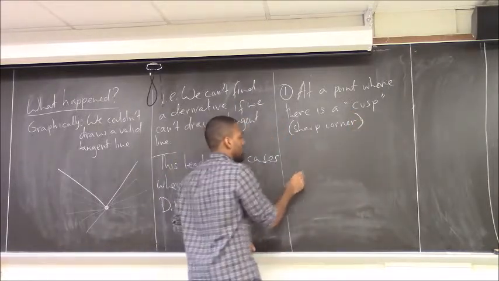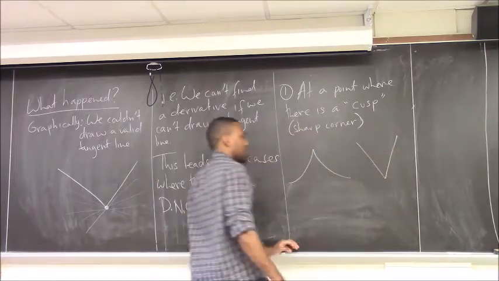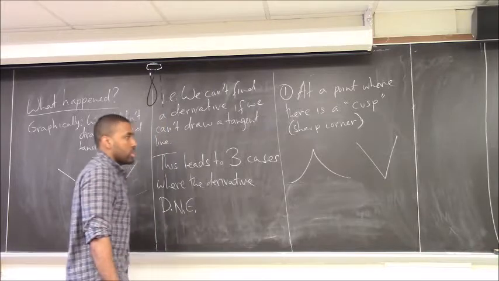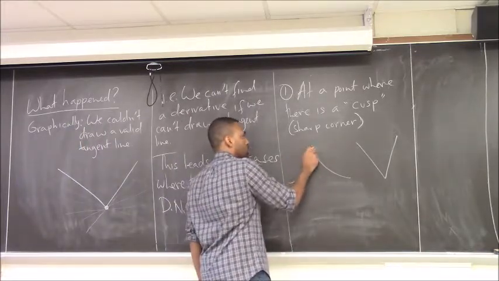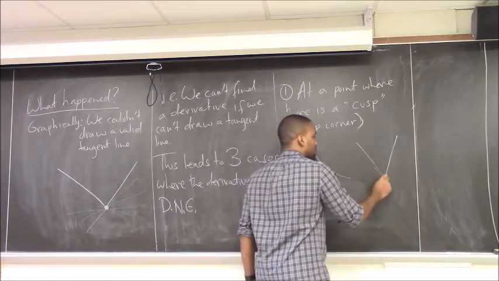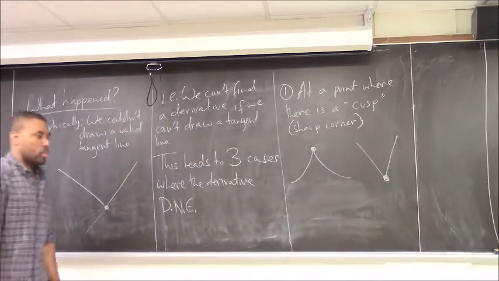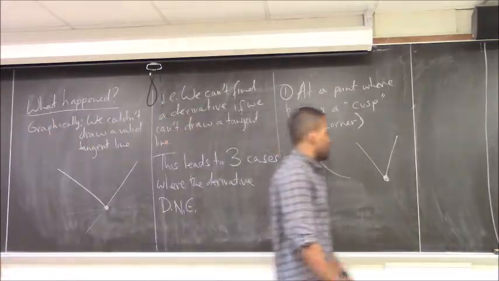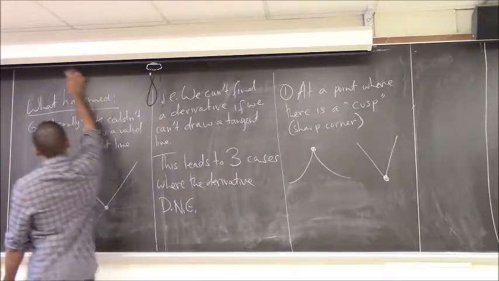So if you have a function doing this, or if you have a function doing that, anything with a sharp corner, you cannot find a derivative there. So there is no derivative at this point. There's also no derivative at this point. Because no matter how much you zoom in on a sharp corner, it will never look like a straight line. That's one situation where you can't find a derivative.